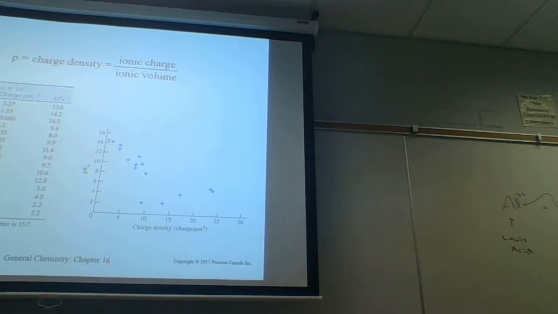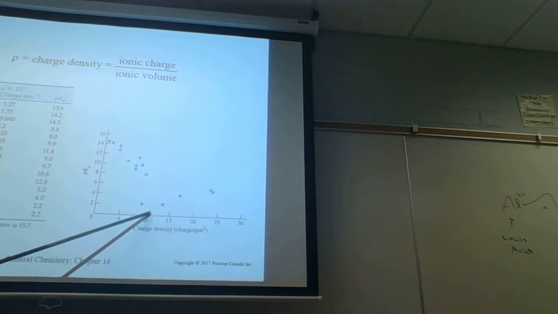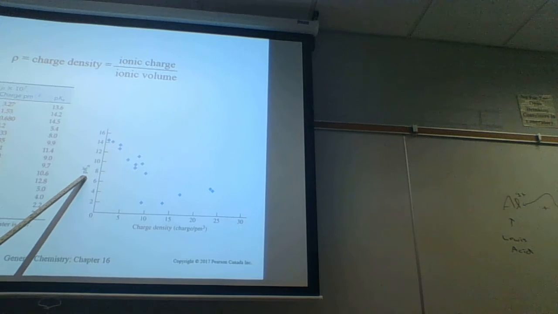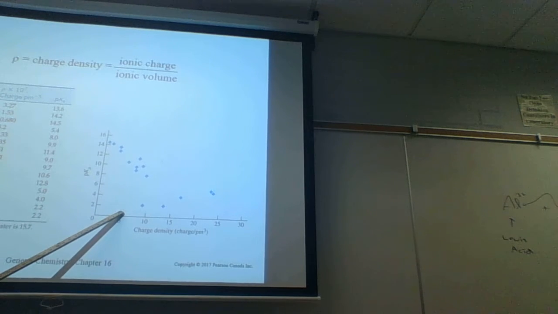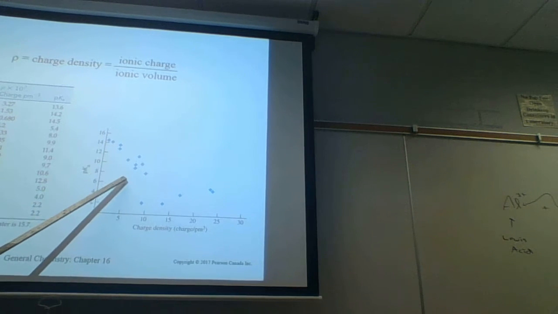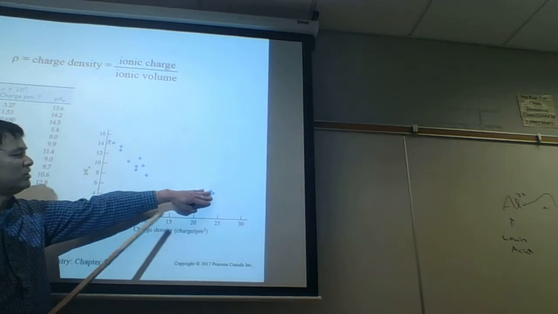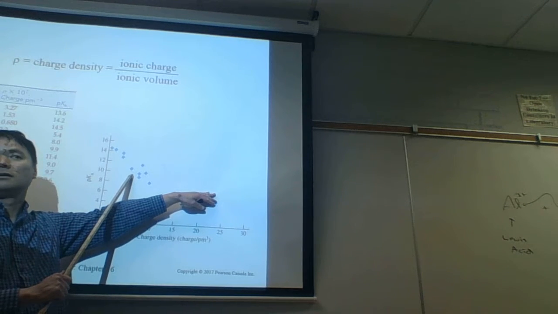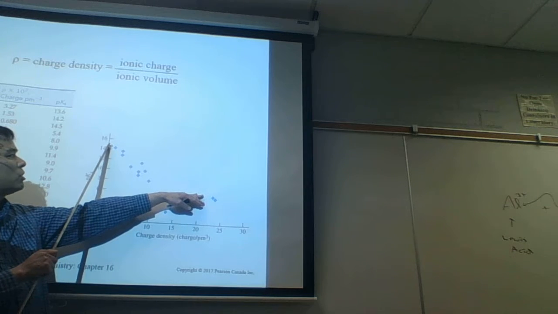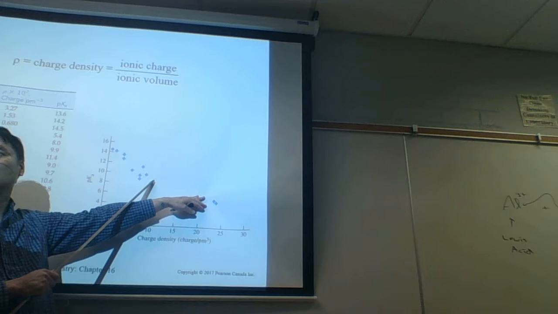And so we can see that a lot of these metal cations are quite acidic. And so what we try to do is we try to look for a pattern. And how does this pattern look to you? And so this pattern is plotting the power of the acid strength versus the charge density. Does that look like a good correlation to you? Well, if I kind of ignore these points, then it looks like a decent correlation, doesn't it? It looks like the higher the charge density, the stronger the acid, the pKa is going down.